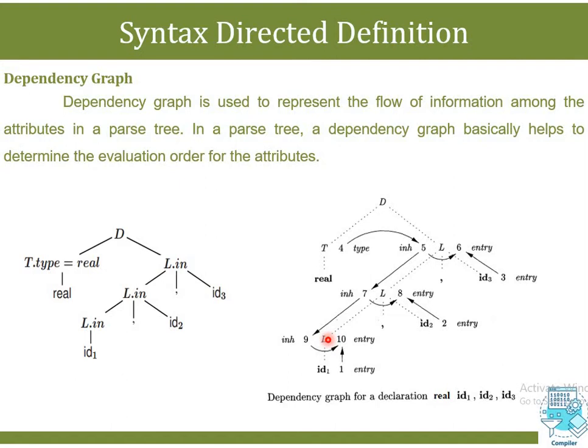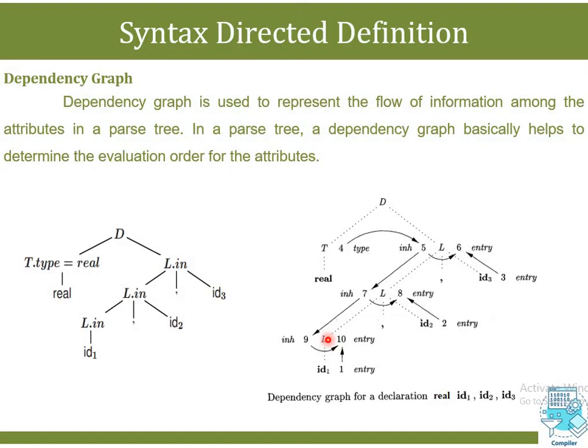Now we have considered the dependency graph. Now how to find the evaluation order? Why are we going for the dependency graph? Just to know the evaluation order. To find it, we have to perform the topological sort.